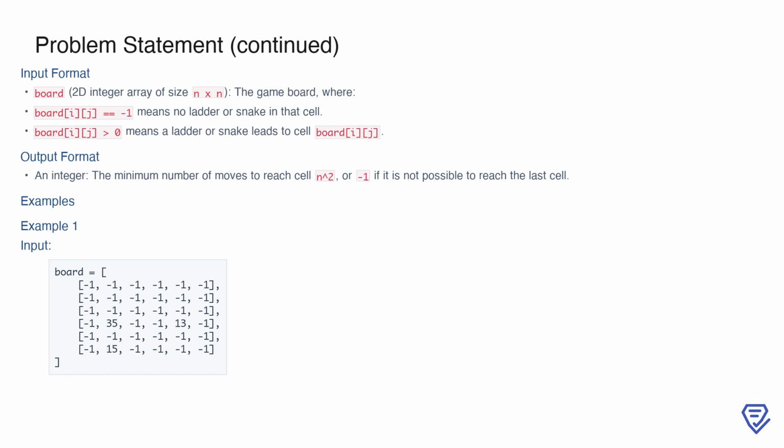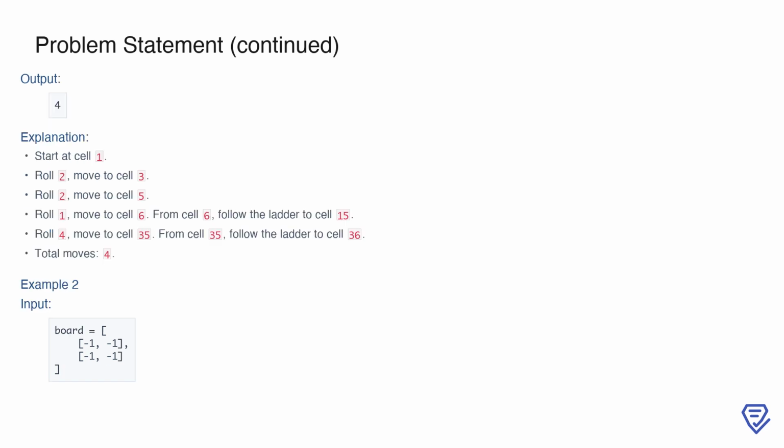In the first example, the board is a 6x6 grid, where cells contain -1 unless there's a ladder or snake. For instance, cell 6 leads to cell 15, and cell 35 leads to cell 36. Let's see how the solution progresses step by step. In the first example, the output is 4, meaning it takes 4 moves to reach the final cell.